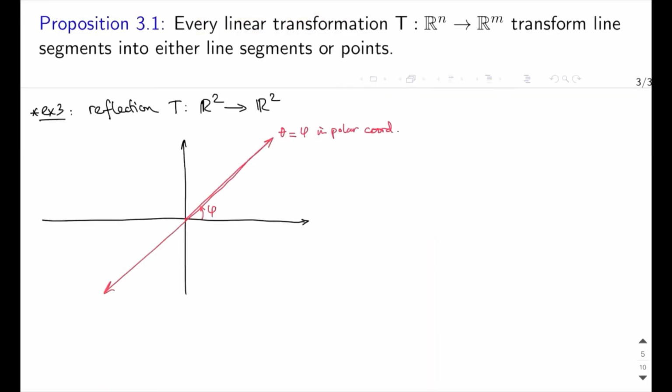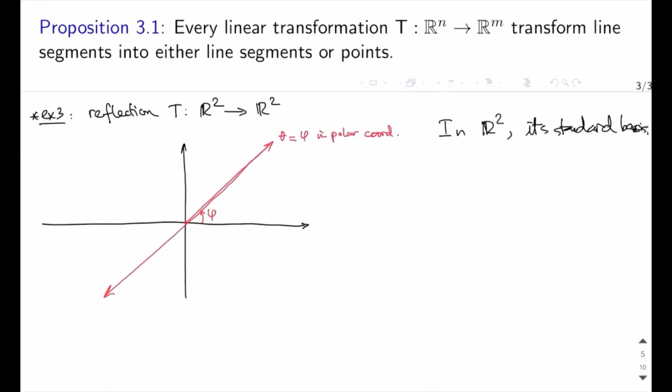In R2, its standard basis consists of two vectors: (1, 0) that we usually call vector i, and (0, 1) that we usually call vector j.